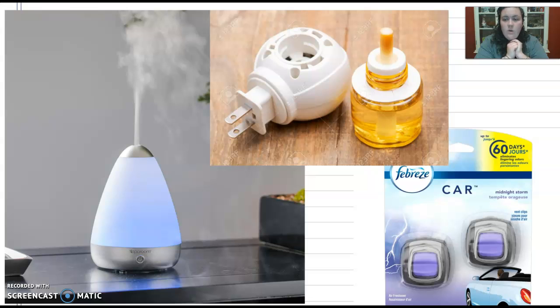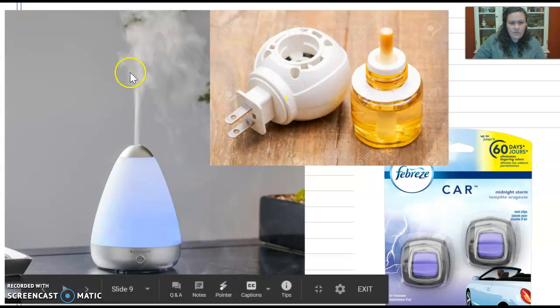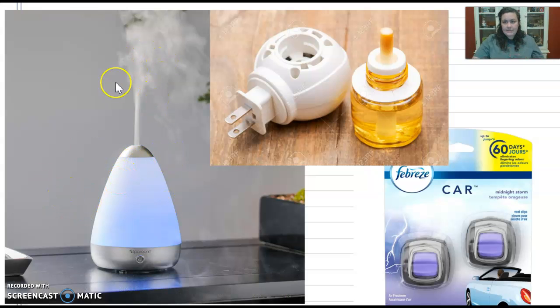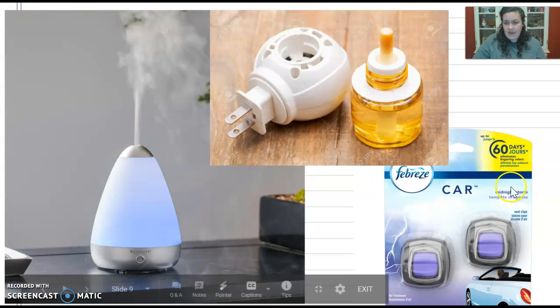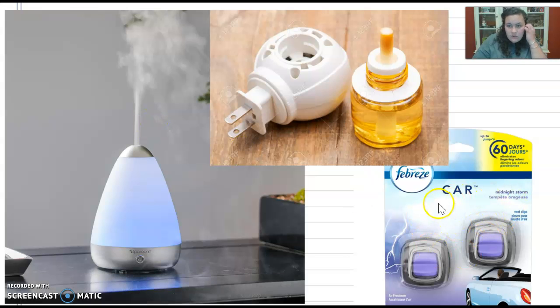Okay, so these are probably some things that you've seen before. I know that the FACS teacher, Miss Dixon, for sure has one of these behind her desk, and she puts smelly stuff in it, and it makes the room smell really nice. A lot of you may have these things in your cars that make your car smell really nice. They clip into your vents, or these things plug into the wall.